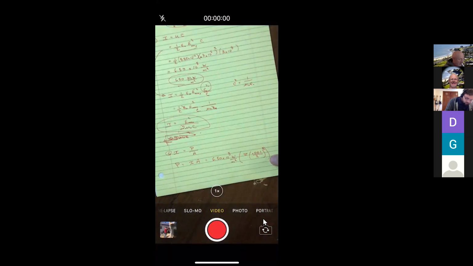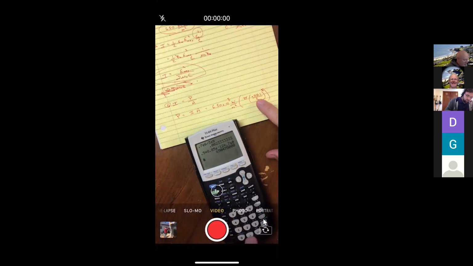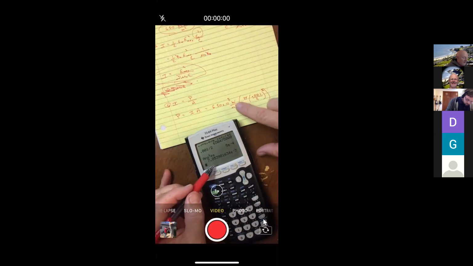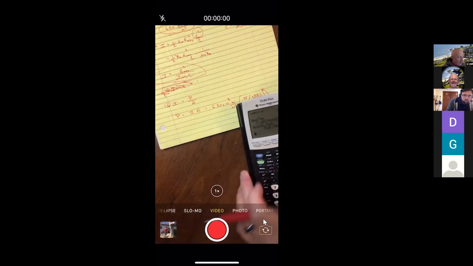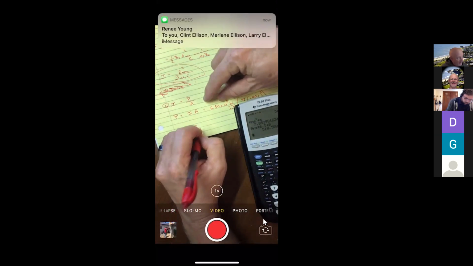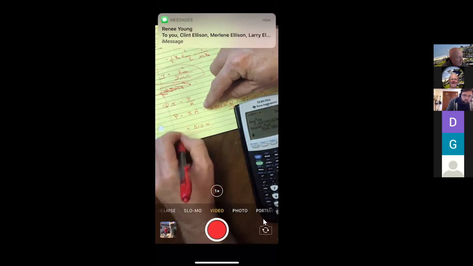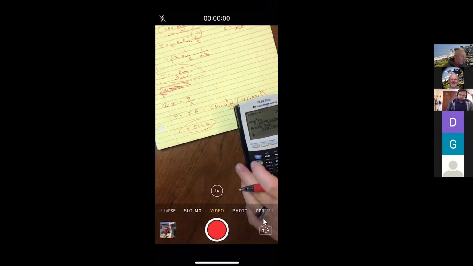If I grab the calculator and go 0.001 divided by 2, square that and multiply by pi, that gives me the area. And I multiply that by 6.5 times 10 to the 8th. We've got a much more reasonable amount of power at about 510 watts.